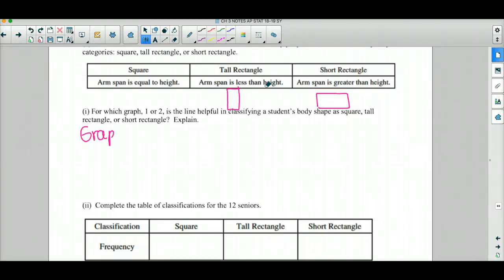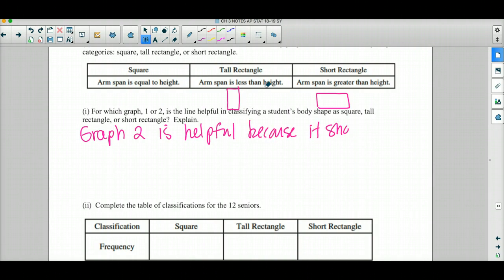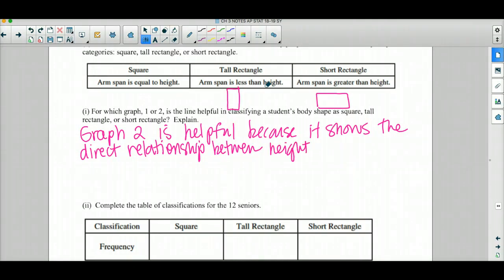Graph 2 is helpful because it shows the direct relationship between height, or is it arm span and height, or height and arm span? Height and arm span.